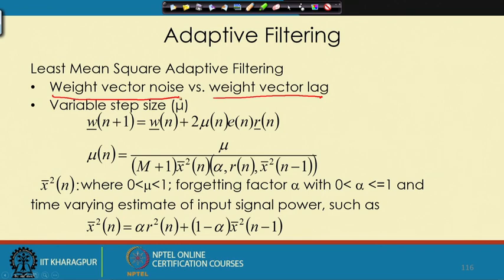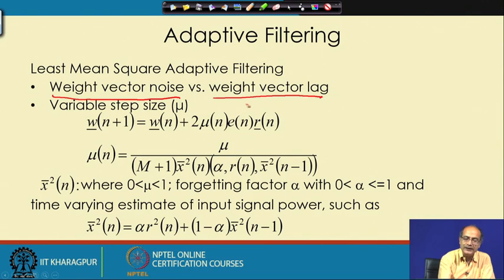If we keep it a fixed value, then we need to choose one of them. We cannot minimize both at the same time, but if we change the value of mu appropriately, with a little high value at the beginning, we can reduce the weight vector lag, and then once it converges, if we reduce it, we can again reduce the weight vector noise. With that expectation, we come up with a new update equation where mu is changing over time.